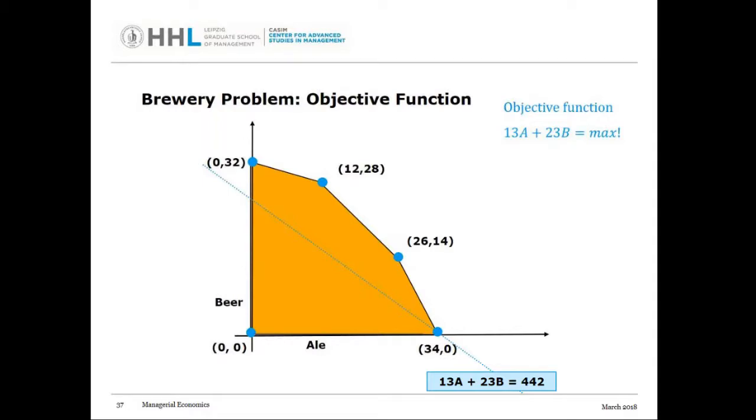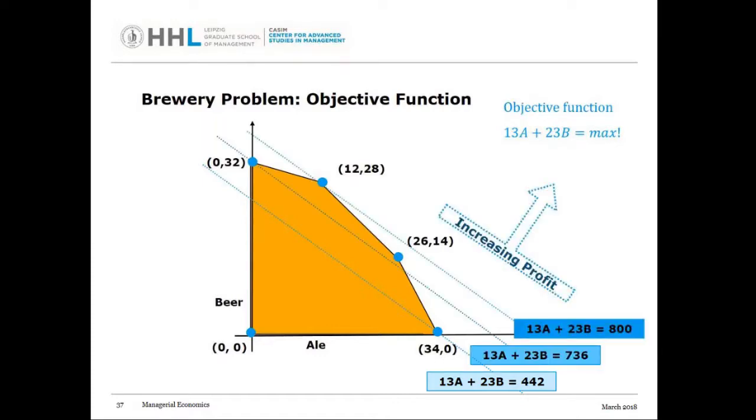Depending on the parameters, the line will be more or less steep. So the more we are to the right, it means we produce more ale and more beer, and because for every barrel of beer and every barrel of ale we get a positive profit, it is increasing to the right. So we have now the line.